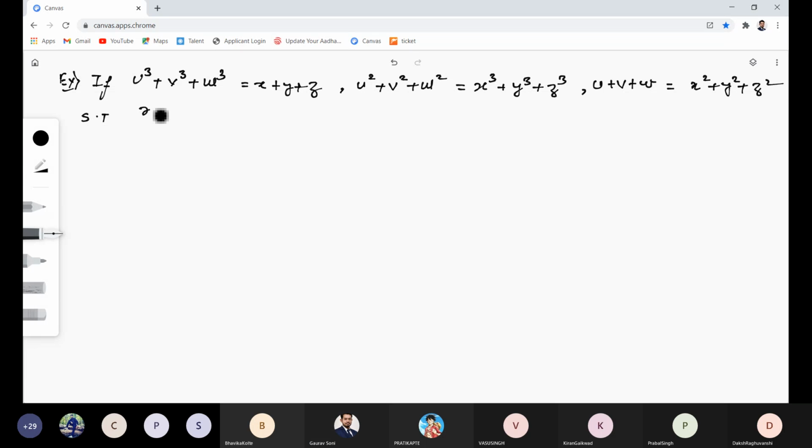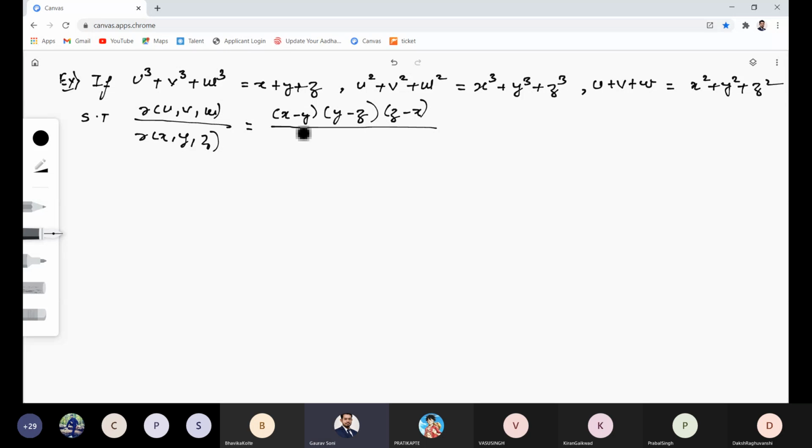Show that Jacobian of u v w upon x y z is equal to x minus y, y minus z, z minus x upon u minus v, v minus w, w minus u.